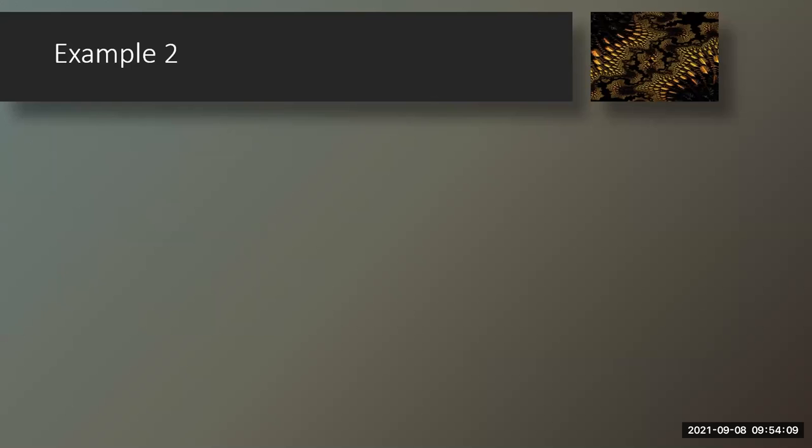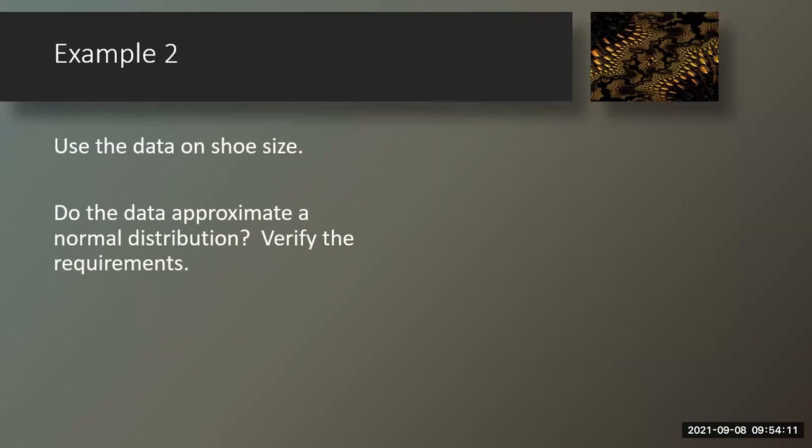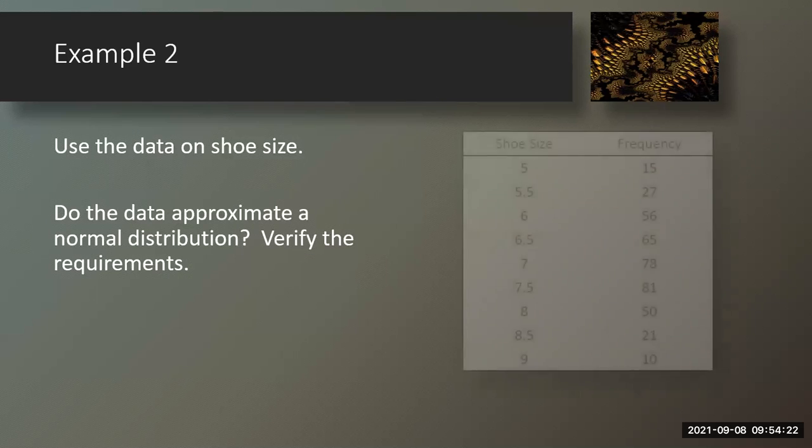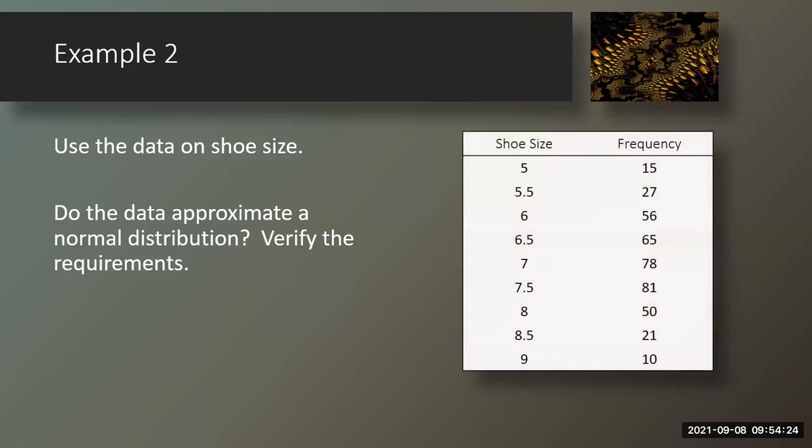Here's another example. We're going to use the data on shoe size, and we're going to try to determine if the data approximate a normal distribution. So we're going to verify those requirements again. If I take a look at my frequency counts, I see a high of 78 or maybe 81, 50, 56, 27.